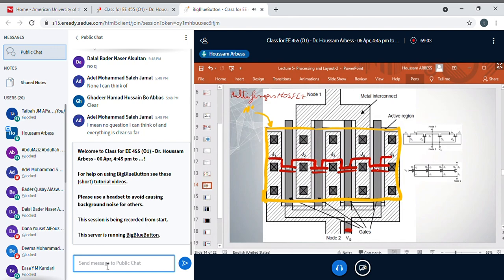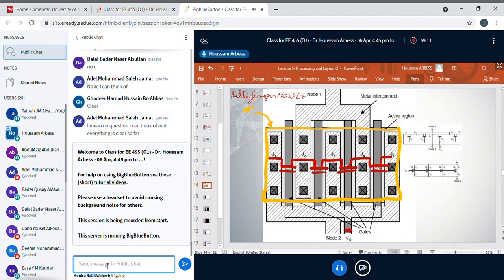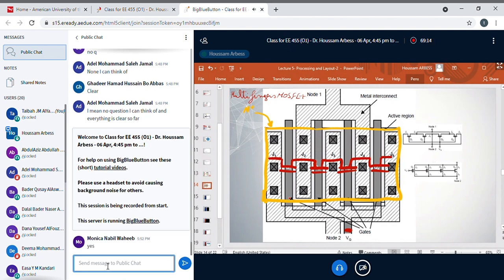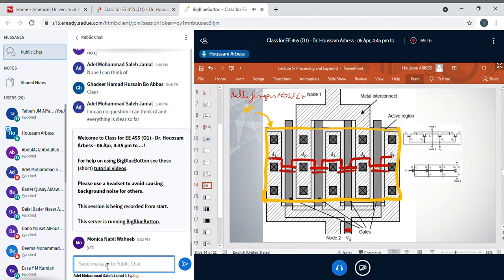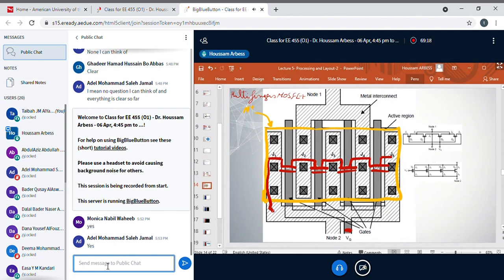And all the gates of these transistors are connected together. Did you see that? We can see also that this terminal here is connected to the one here, and it's connected to the one here. And this terminal and this terminal are connected together.